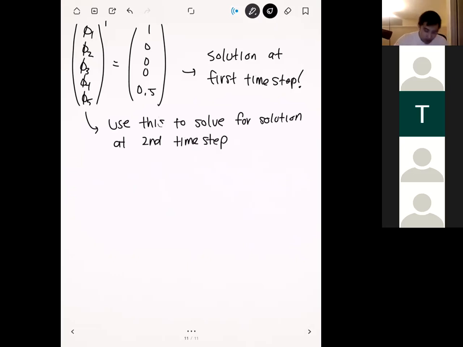Okay, and so let me go ahead and write out the system again. Okay, so this can be phi 1, phi 2, phi 3, phi 4, phi 5. Okay. And now we're solving this at the second time step, right? So this is going to be time step 2.